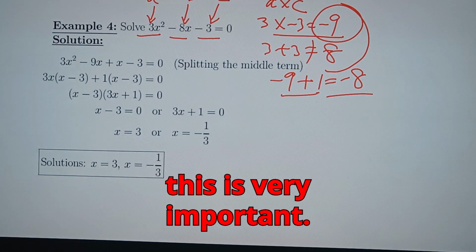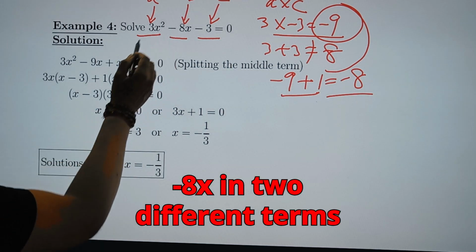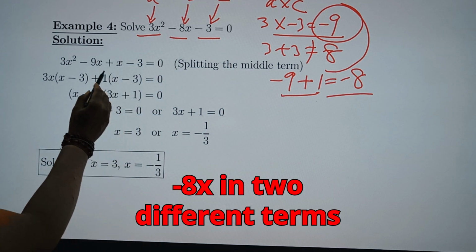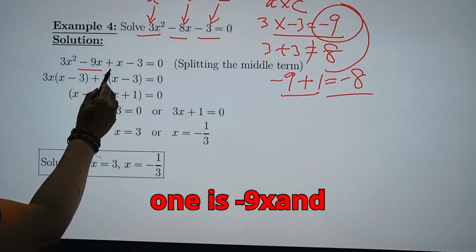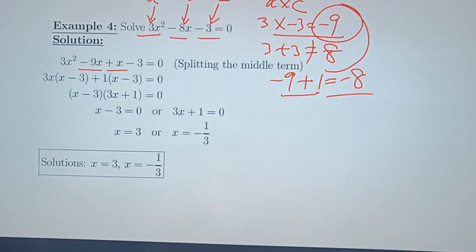So this is very important. And also we can split -8x in two different terms. One is -9x and +1x, that is 1 here.